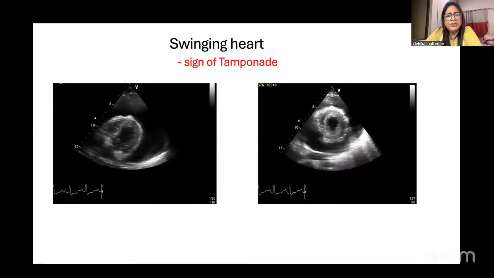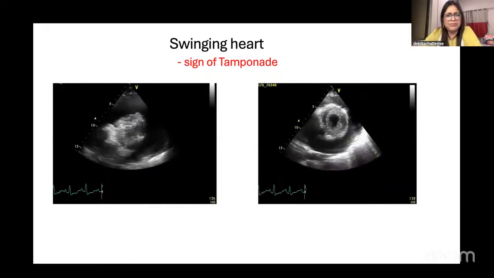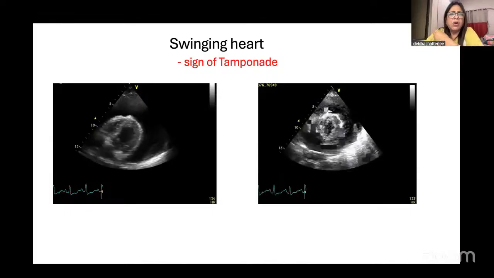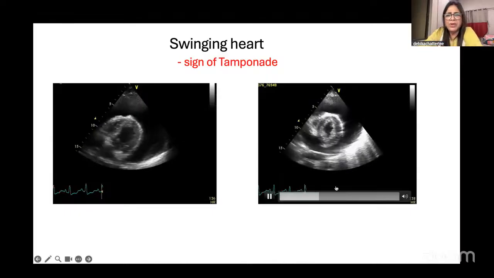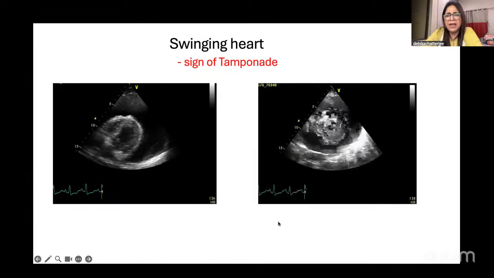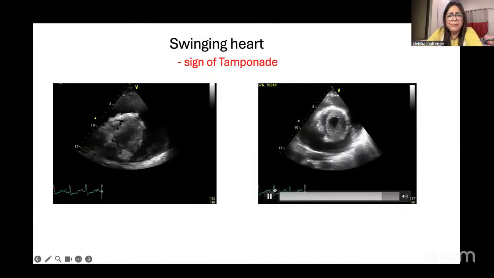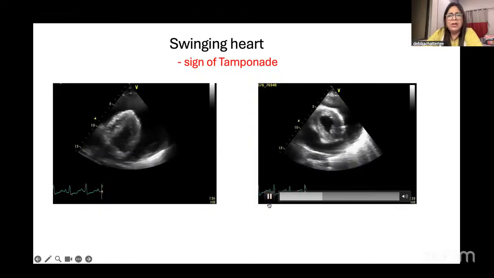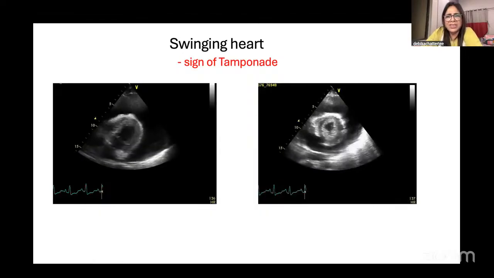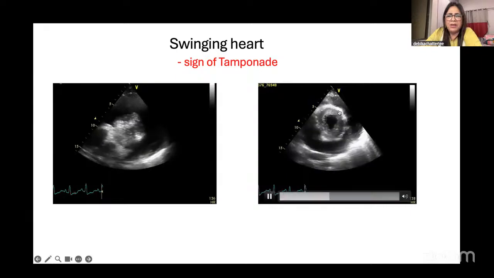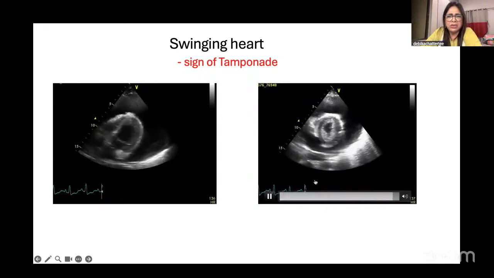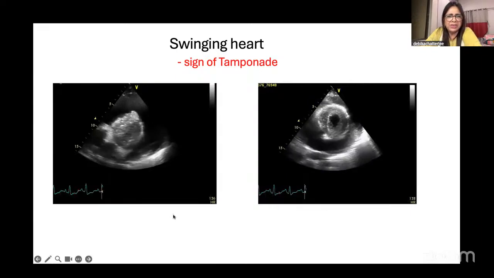And if the effusion is very large, you may get a sign called swinging heart. As you can see, the heart is oscillating inside the pericardial sac like a pendulum. It's a very good sign of tamponade, and this patient needs pericardiocentesis immediately.